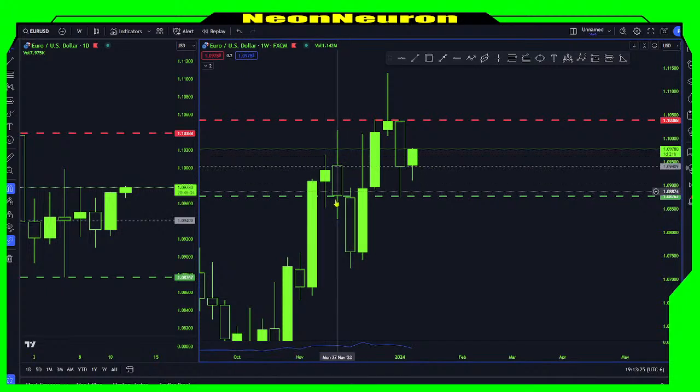Price tried to break up through here, but then was rejected, and it came down to gain a little bit of force to shoot up before it was rejected up here. And then it didn't come back down past this support line. It instead went up. We have a bullish candle this week, and the probability of a bullish candle next week is, honestly, I'm not going to call it because I don't know for sure.